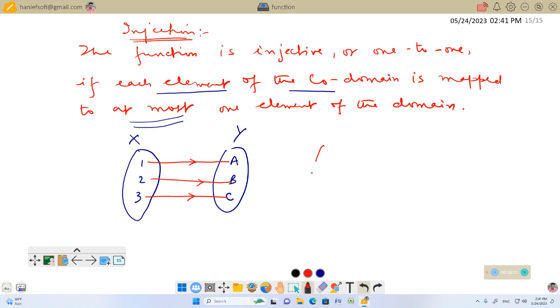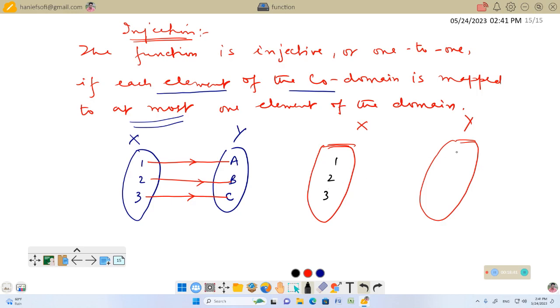Or let me make another Venn diagram. I have two sets like this. This is my set X, this is my set Y. This set contains members 1, 2, and 3.